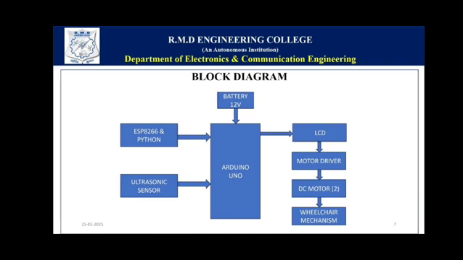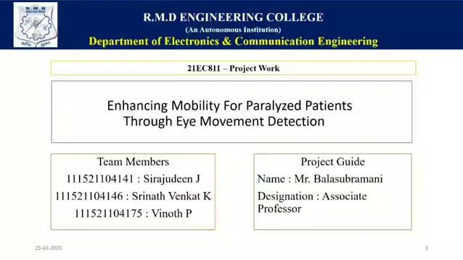Myself Vinod, and this is the block diagram of our project. We have kept a battery to provide a voltage supply for the Arduino Uno, and we are using an ESP8266 Wi-Fi module. The input will be generated from the Firebase, where we will be processing the real-time eye movement using Python OpenCV and the dlib library, where we are calculating the midpoint and the distance of the eyeball movement.